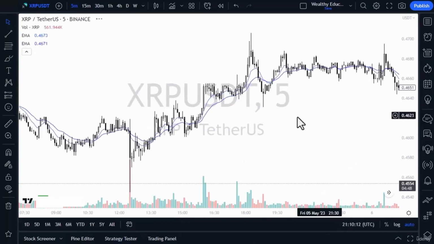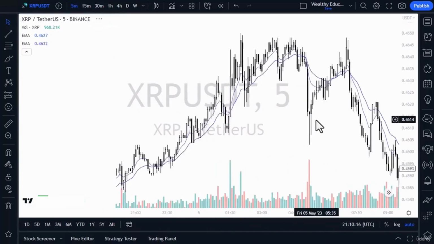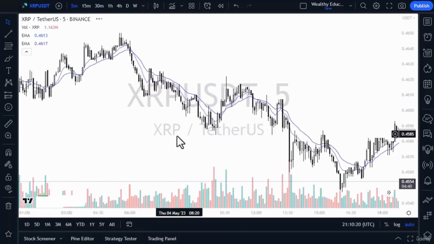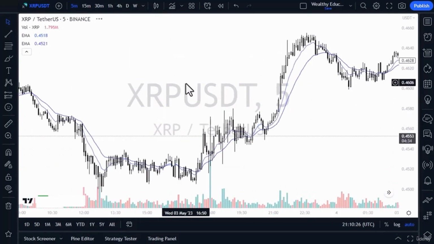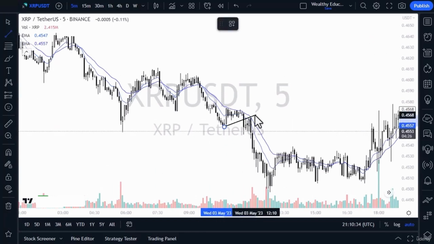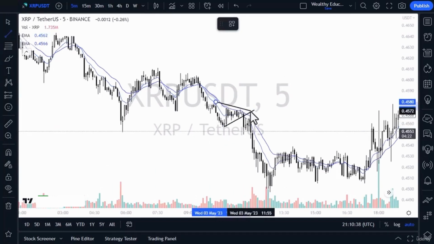Most of the time you see wicks included, but there are some who only care about the body itself because they say that's where the market truly is trading. It wasn't like a one-off for a few moments. That is something you can experiment with and see what works out better for you.